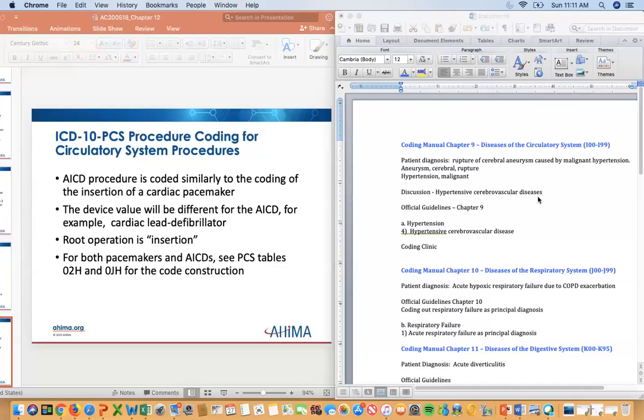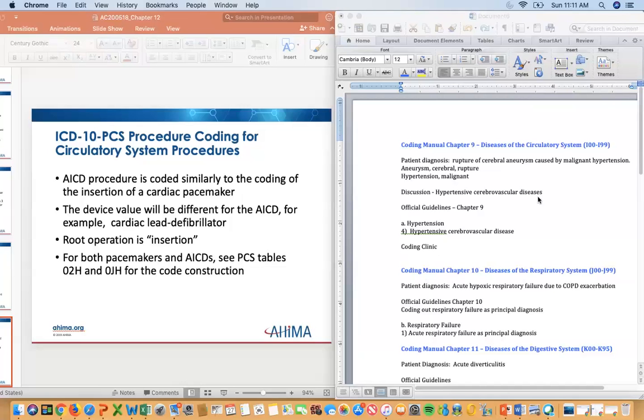So we have an excludes note. If you have any of those conditions, then you must go back to the drawing board and start to code out that diagnosis again. This chapter contains the following blocks, and your PowerPoint will tell you that as we started, and then it starts with acute rheumatic fever. But that is the chapter notes.